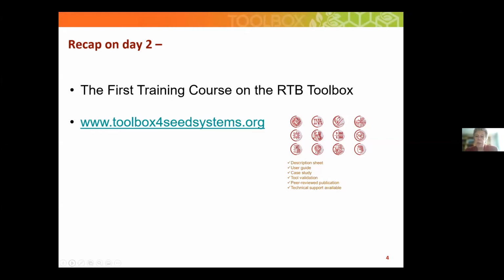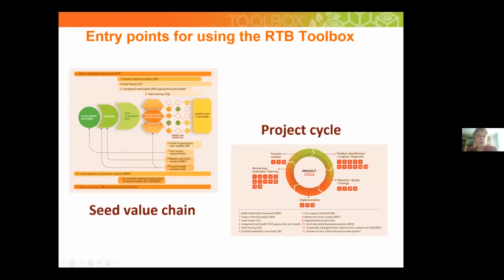And what we also explained in that webinar are the 2 entry points that can possibly help you to look into the toolbox and find the tools or the tool combinations that would suit your particular situation. Can I have the next slide? Because these are these two entry points. It is the seed value chain and it is the project cycle.